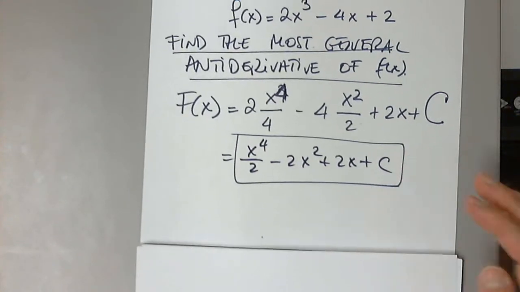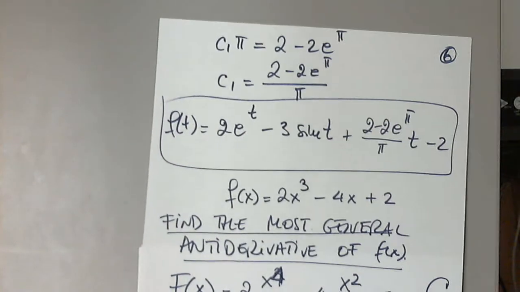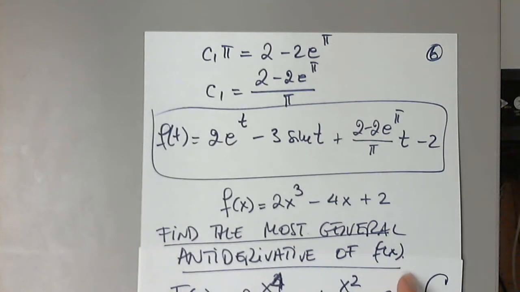What do we do with that? We were only asked to find the most general antiderivative. We were not given conditions. The conditions were given for us to determine the specific function, one, just one, that has, let's say, f of 0 equals 0, f of pi equals 0, and the given derivative. So we were given all those conditions to find one specific one that fulfills all of them.